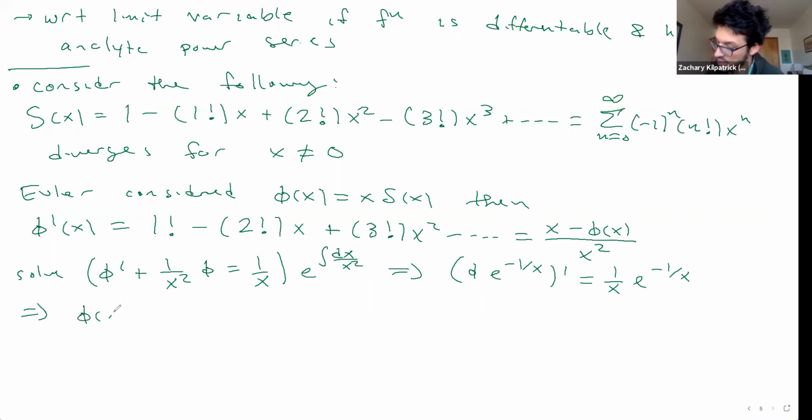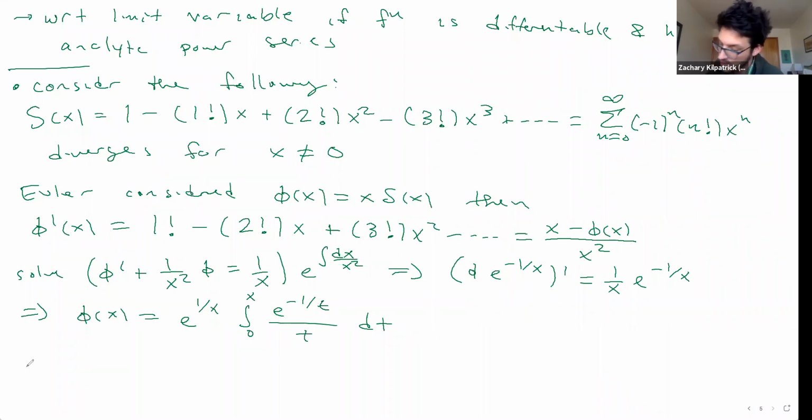Write the solution now as phi of x equals e to the 1 over x integral from 0 up to x of e to the minus 1 over t divided by t dt. So phi seemingly can be written as this function here, even though it's comprised of x times some divergent series.